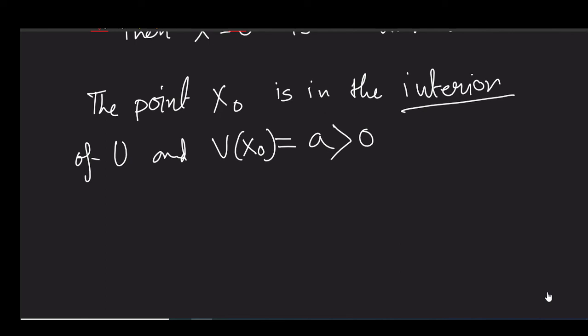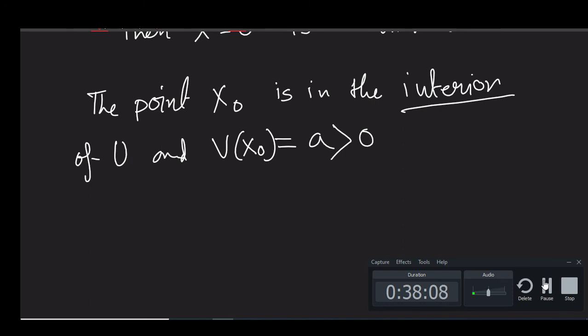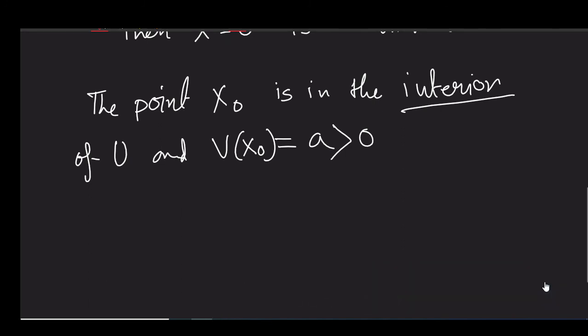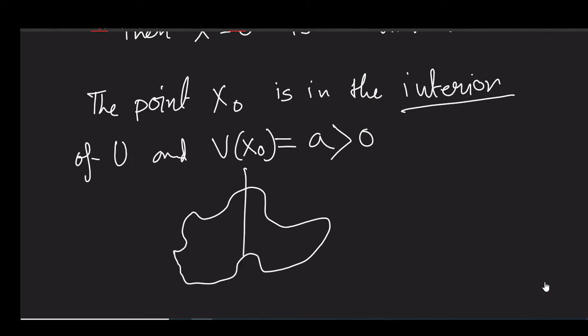Instead of giving you a topological definition, I think you will be able to understand a simple definition. Let us consider a region, an irregular region I am drawing in the x1, x2 plane. So this is x1, this is x2.